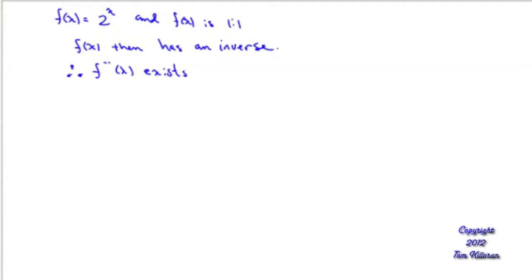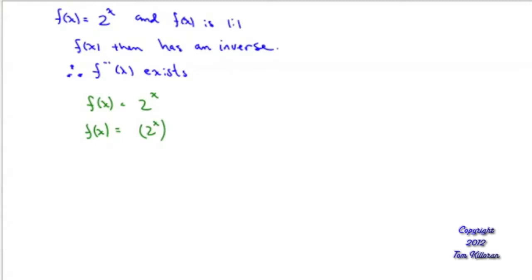So, if it exists, that means there is a function out there that will undo an exponential function. So, what happens if I take f of x, which is equal to 2 to the x, and I do something to both sides?